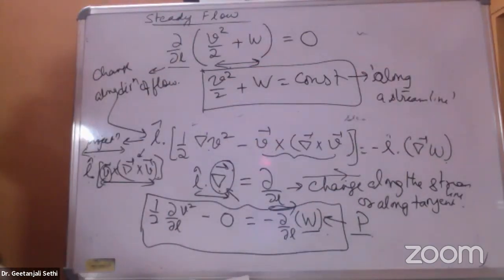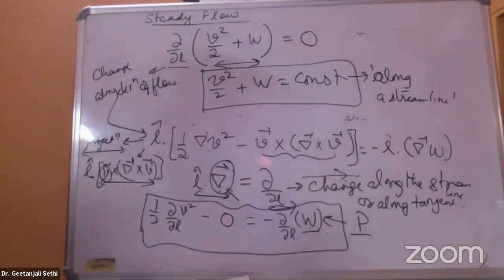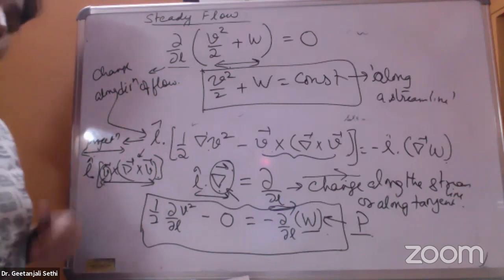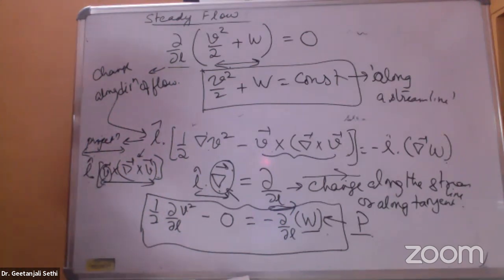The motivation behind using the concept of streamline, why did I bring in this idea, is that we are dealing here with a very simple case where my flow is a steady flow, that is where I have del V by del T equal to 0. I'm not going to look at more complicated cases.